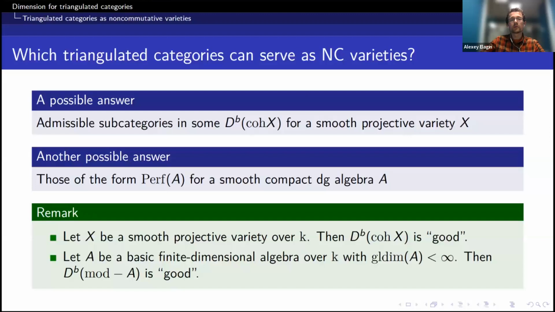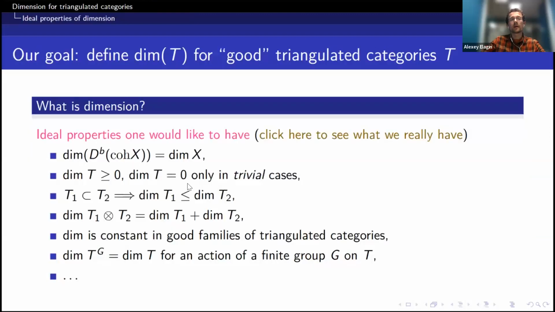What one would like to do is to define the dimension of a non-commutative algebraic variety. As soon as they are called varieties, it's natural to ask what is the dimension of such a non-commutative variety. So we are looking for a reasonable notion of dimension for good triangulated categories.